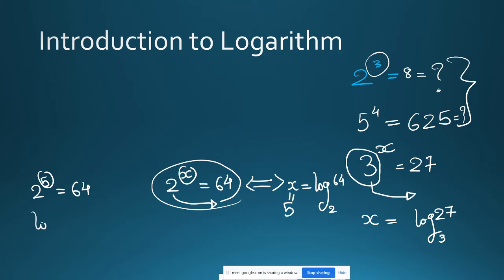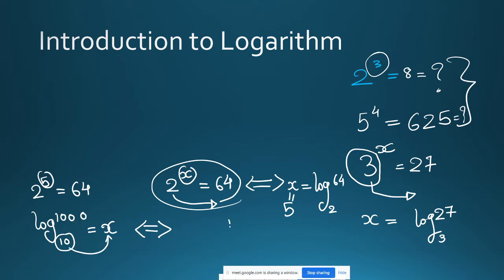Suppose I ask you log 1000 to the base 10 and I want to find this value, what is this x? I will just try to write it the other way around. यहाँ पे क्या किया था कि ये जो 2 था उसको धक्का मारा तो बेस में चला गया, और अगर बेस से उसको ऊपर आना है तो वो x को धक्का मार के पावर में ले जाएगा. मतलब कि यहां पर ये जो 10 है वो जब जाएगा तब x पावर में चला जाएगा.